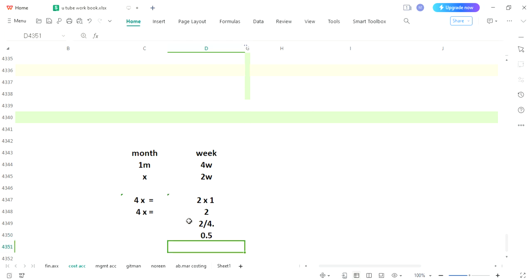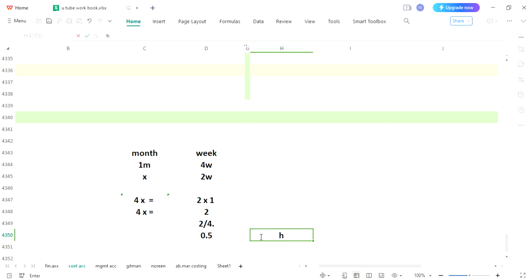Look at what we have calculated. The question was: in 4 weeks there is 1 month. In 2 weeks, how many months? Obviously 2 weeks is less than 4 weeks, so there is half a month. What we have calculated is half a month in 2 weeks.